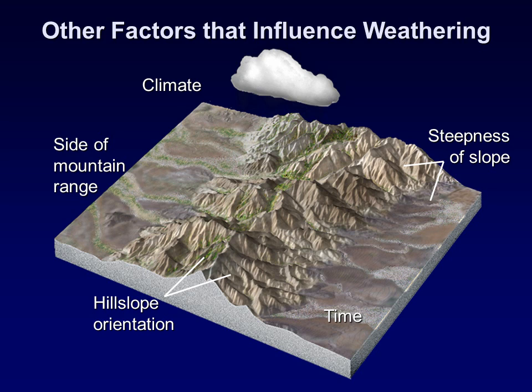You'll get more chemical weathering occurring in warm, wet climates. And the climate can vary across a mountain range. So the side of the mountain range here is referring particularly to a rain shadow desert. So we've talked about these before.